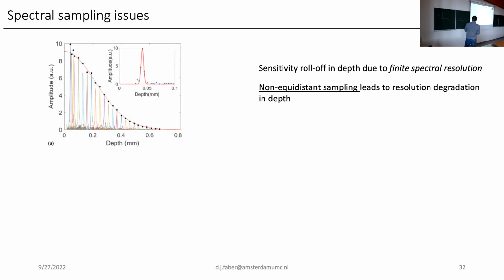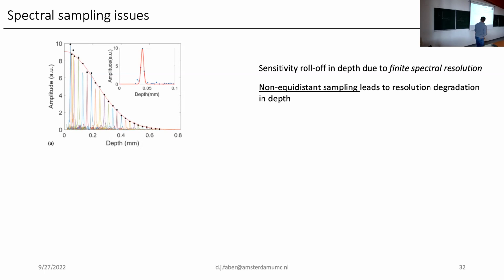Which is a pity. And there is another effect: these pixels are not infinitely small, they have a certain size. So even though you have a grating that splits the light into different wavelength bands, each of these pixels will not see a single wavelength, it will see a tiny fraction. Because of that, the sensitivity of the measurement will decrease as you go deeper and deeper.